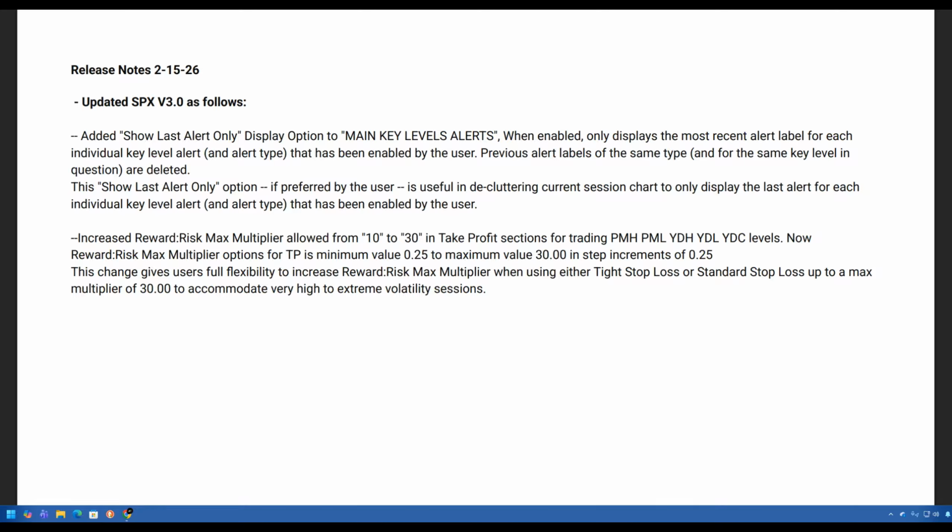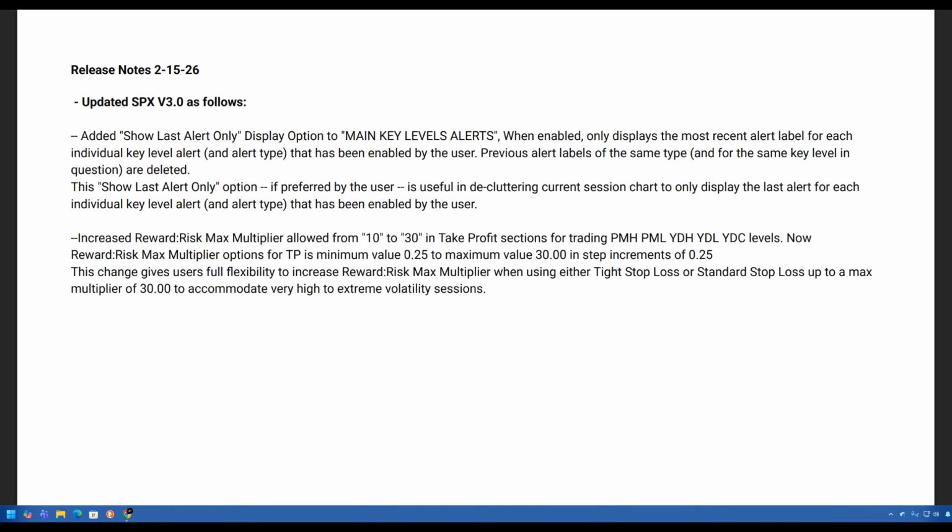The default setting is still 2, so that would be a 2 times reward risk max multiplier, 2 times what your stop loss distance is. So that's normally going to be the recommended minimum.